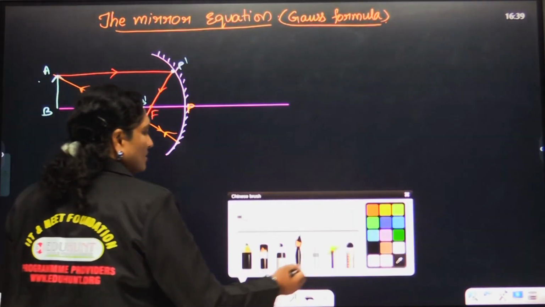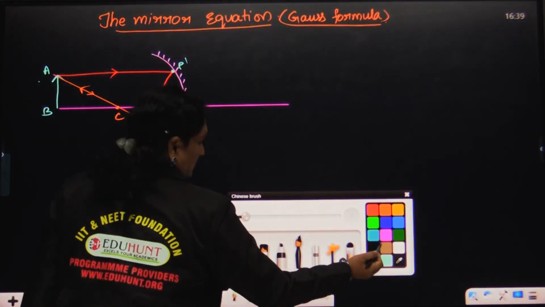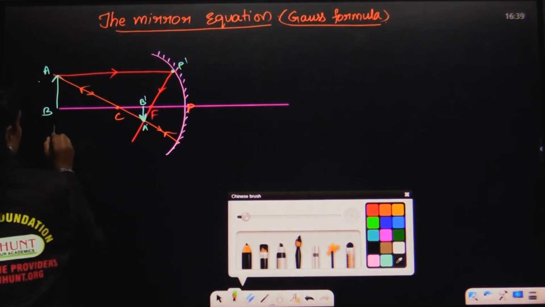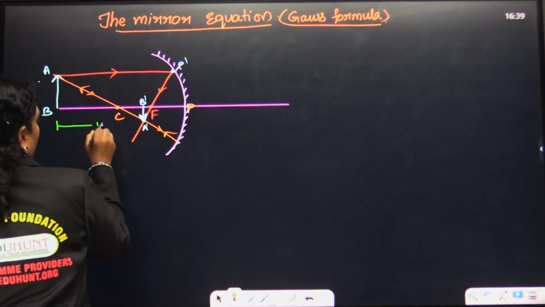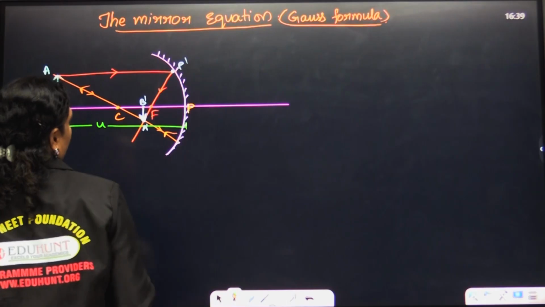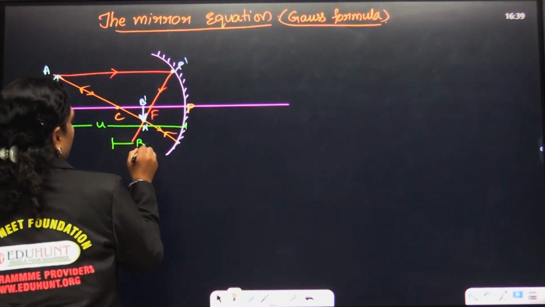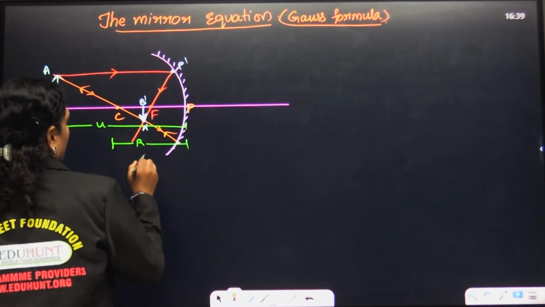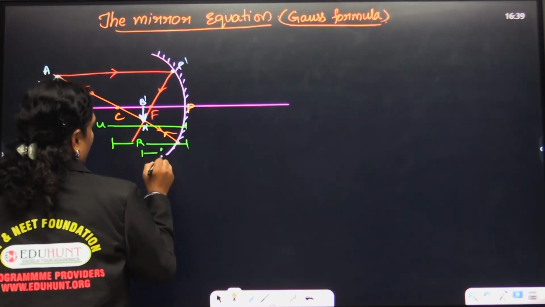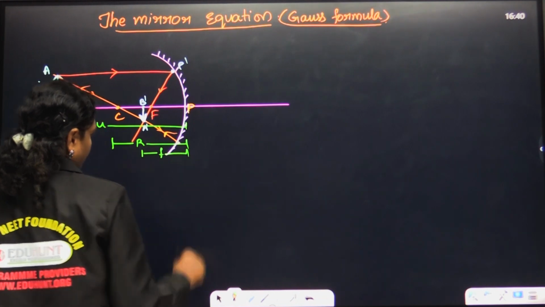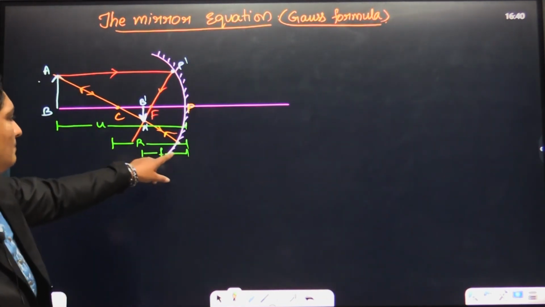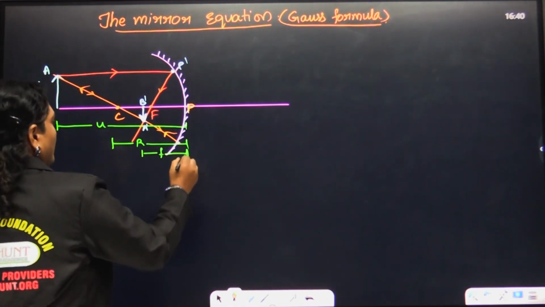Let the distance between the object and the pole of the mirror be U, the distance between the center of curvature and the pole be R, and the distance between the focus and the pole of the mirror be F.